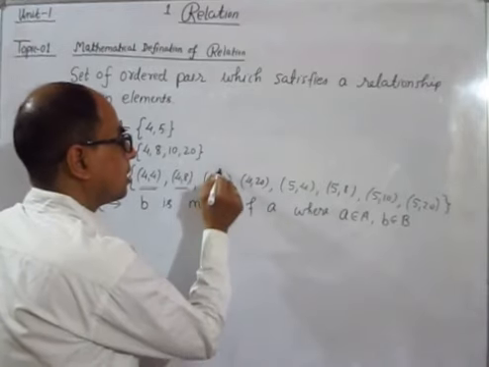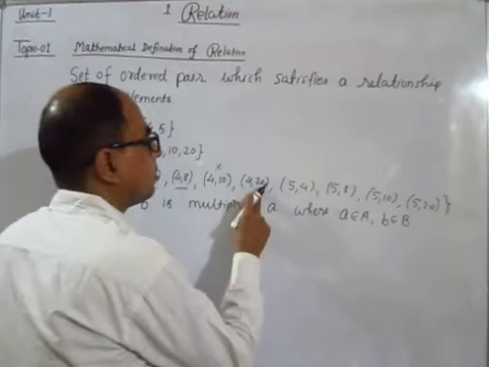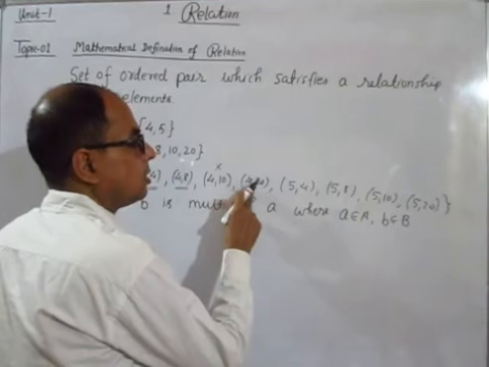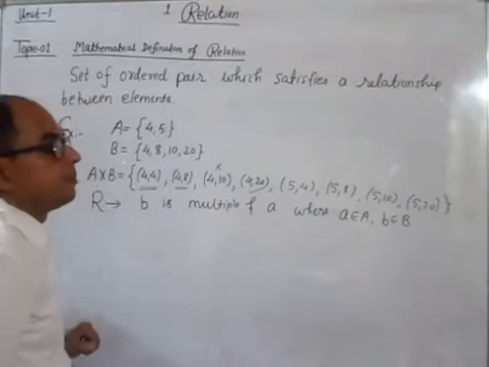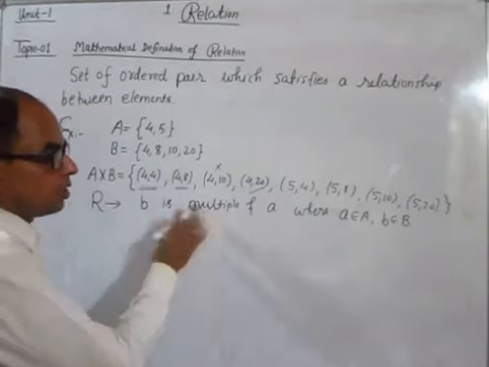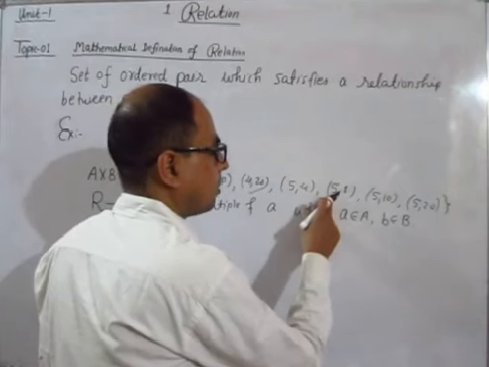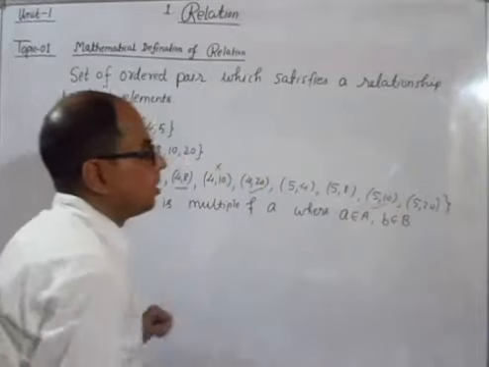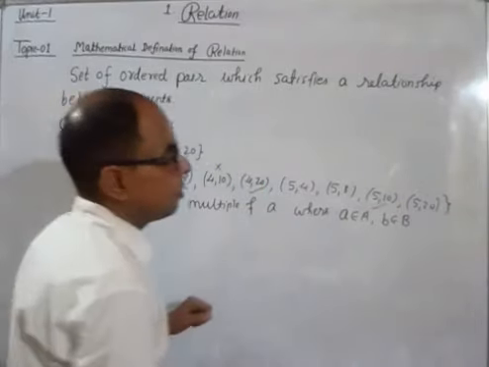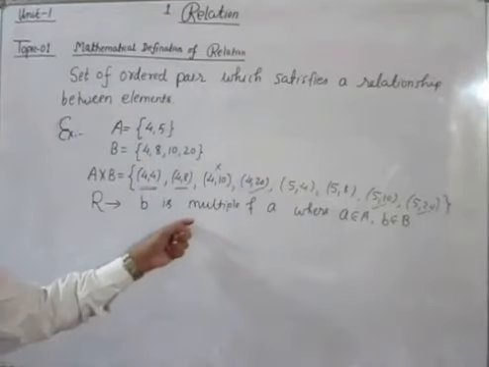So this ordered pair does not satisfy this relationship. 20 is a multiple of 4, 4 into 5 is 20. So this also satisfies this relationship. 4 is not a multiple of 5. 8 is not a multiple of 5. 10 is a multiple of 5. So this also satisfies the given relationship. 20 is a multiple of 5. This also satisfies the given relationship.